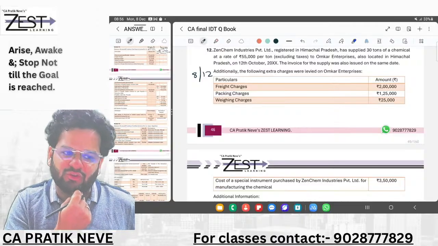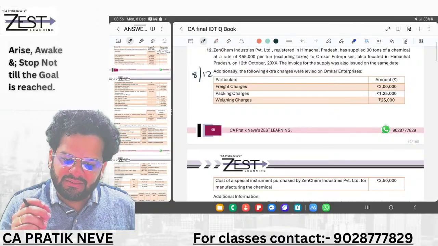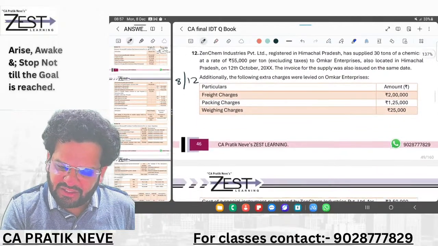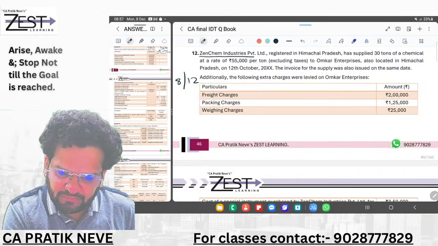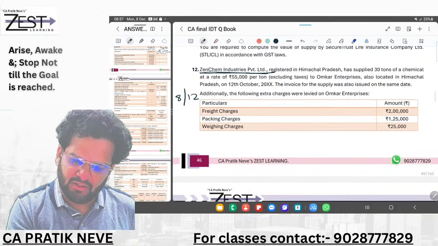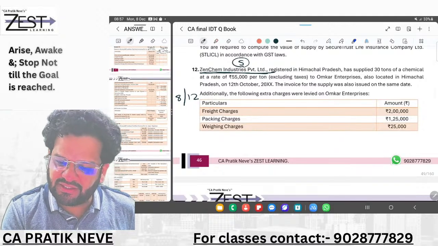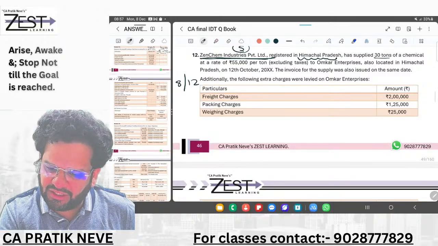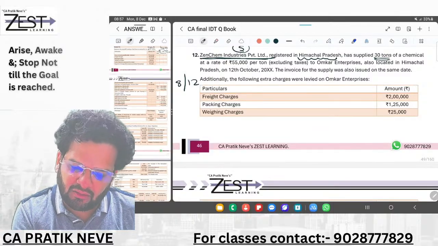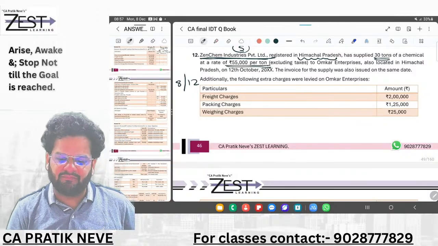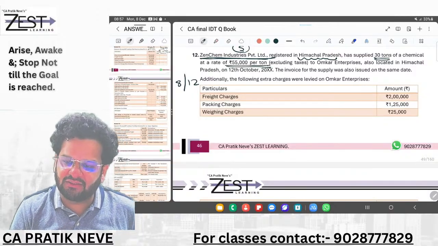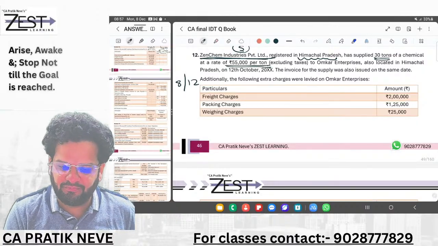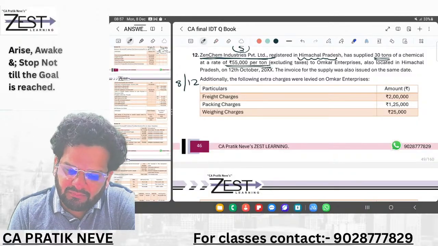See, next one. Zenchem Industries Private Limited, a supplier registered in Himachal Pradesh, has supplied 30 tons of chemical at 55,000 per ton, including taxes, to Omkar Enterprises, also located in Himachal Pradesh, on 12th October.